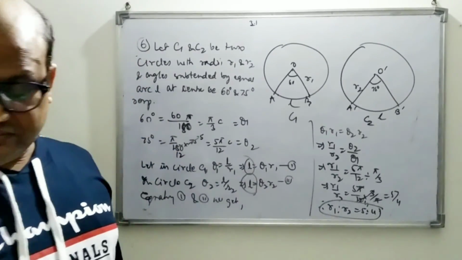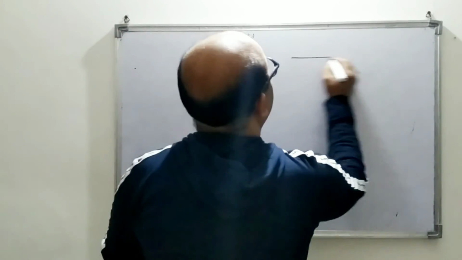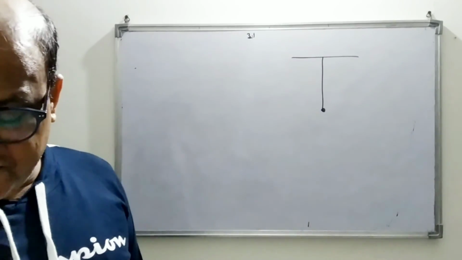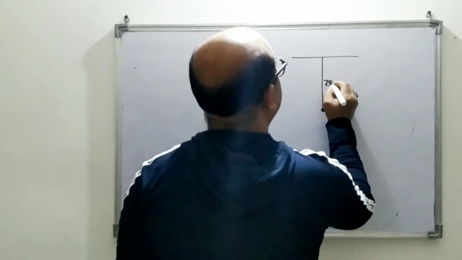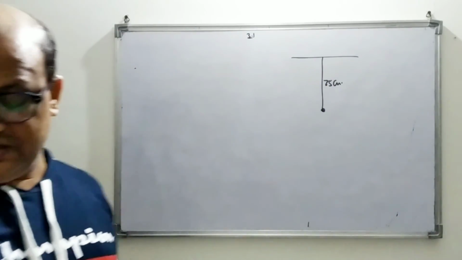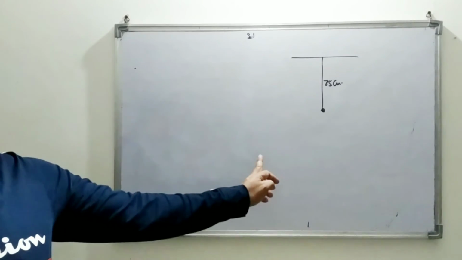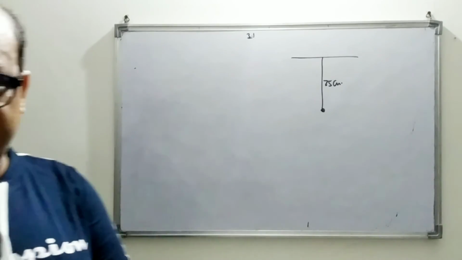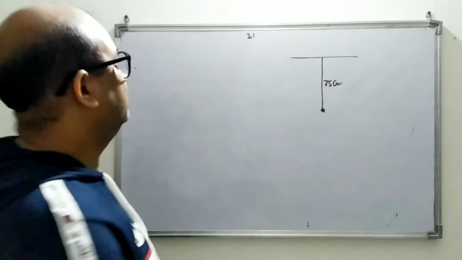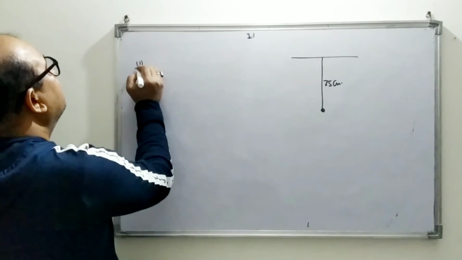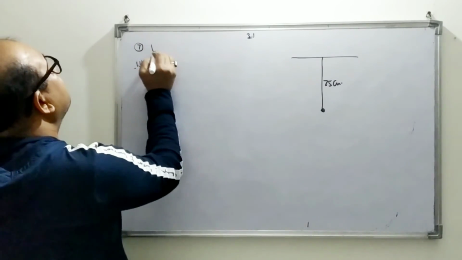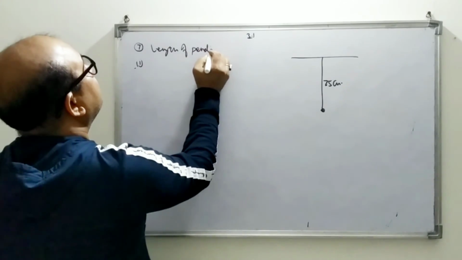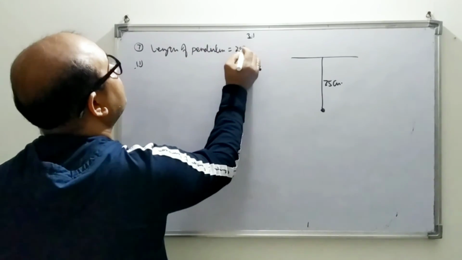Now we have to find, this is the pendulum. They are telling us a pendulum of length 75 centimeter. If it swings, the tip describes arcs of length 10 centimeter, 15 centimeter and 21 centimeter. Then find the measure in radian. Question number 7. Length of pendulum equals 75 centimeter.